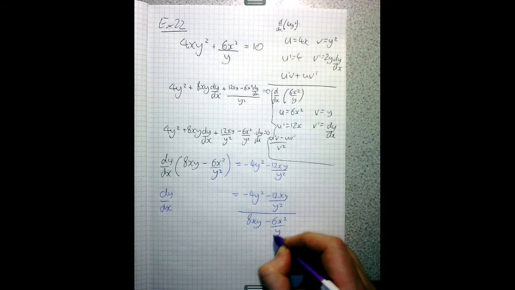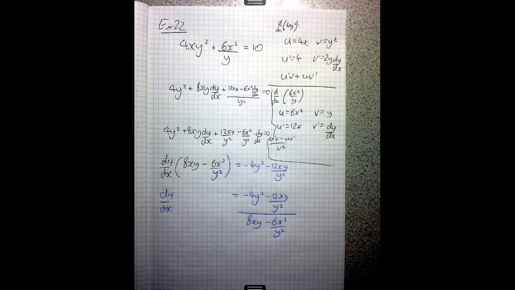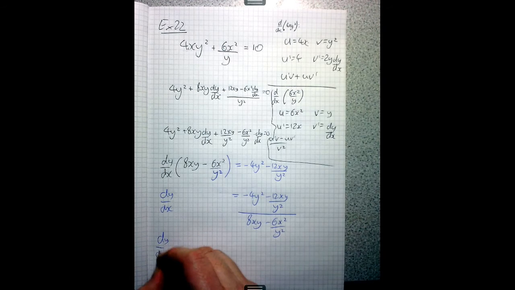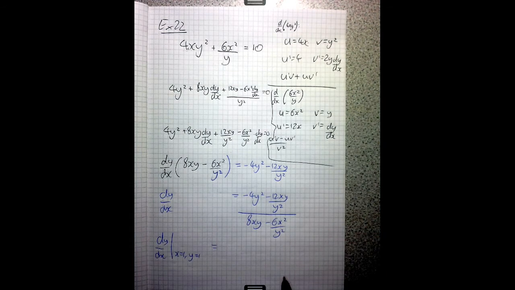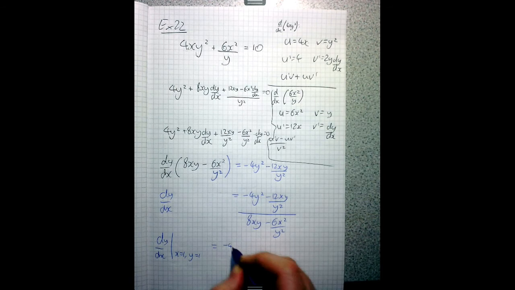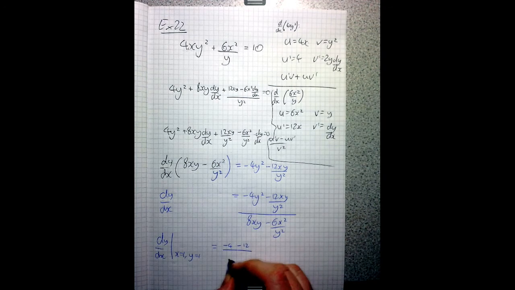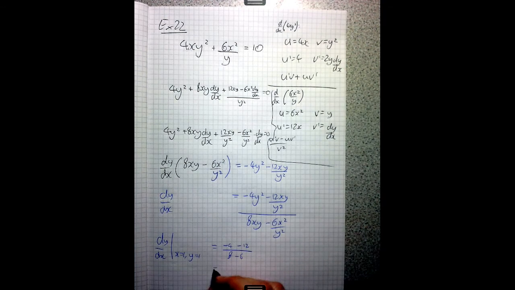Now, this doesn't look like the expression in the book. I'm sure I can simplify, but I'm not going to bother because actually they want me to sub in. So dy/dx when x equals 1 and also y equals 1, minus 4 minus 12 over 8 minus 6, minus 16 over 2, minus 8.